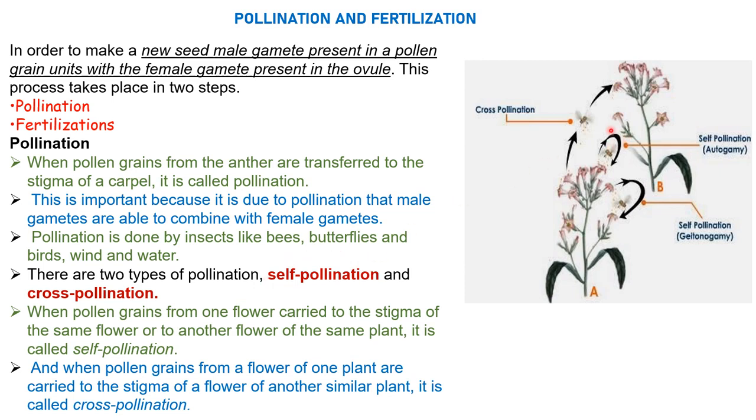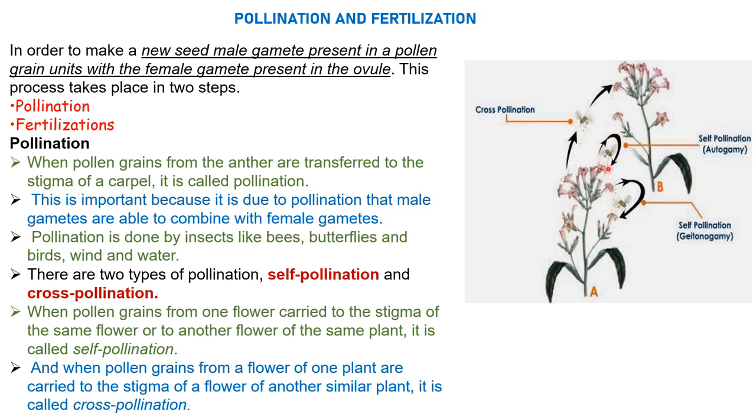First, you can see in this diagram, in case of a bisexual flower, where the male and female parts are present in the same flower, the pollen grain from the stamen of the same flower goes to the stigma of the same flower, right. So in case of a bisexual flower, you can see self-pollination.